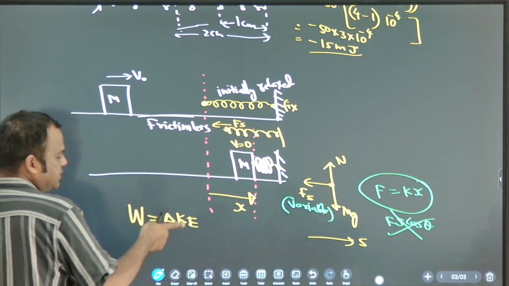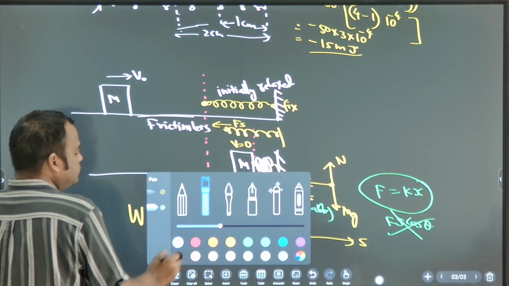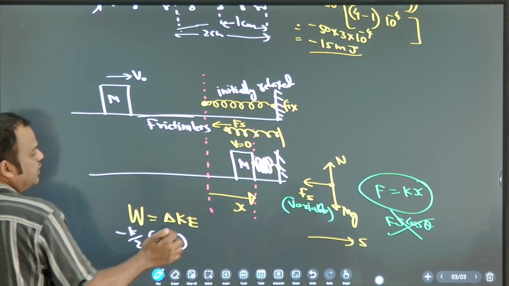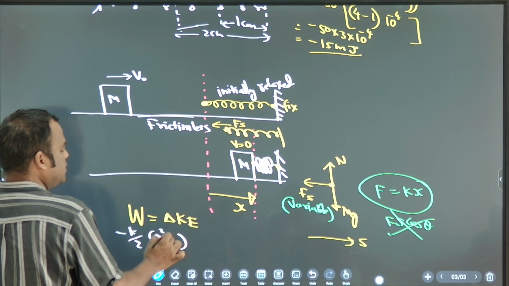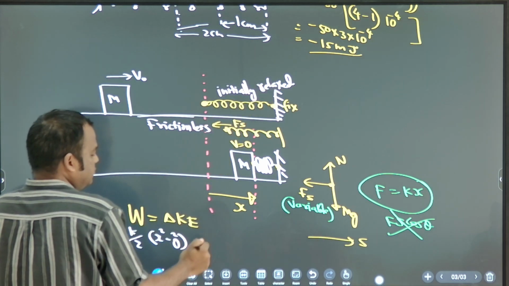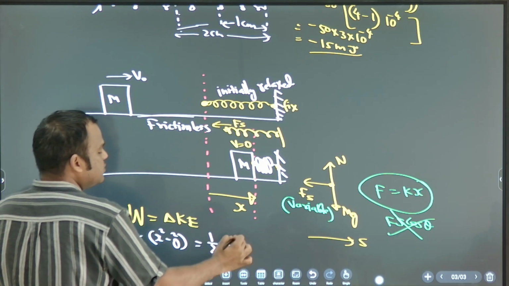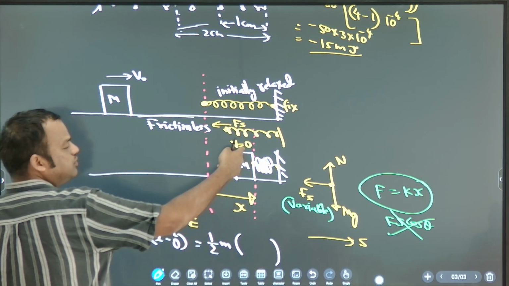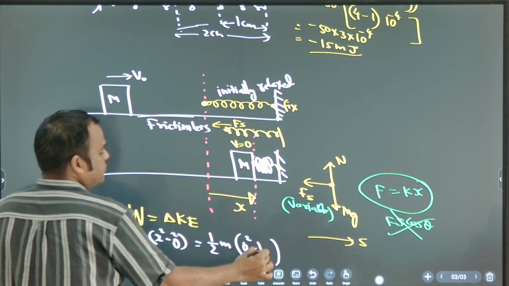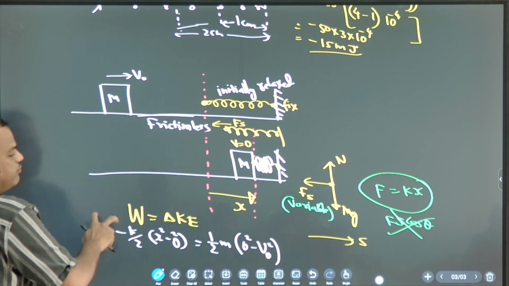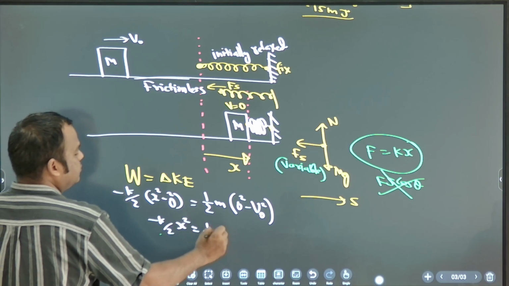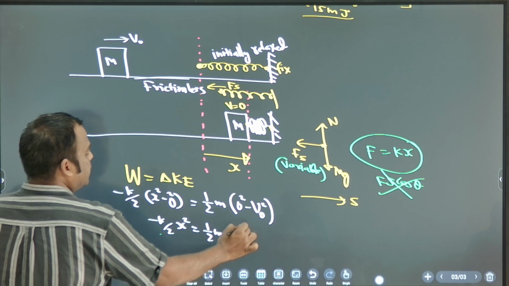So use this: work done is equal to minus K by 2 (final compression square minus initial compression square), initially relaxed, is equal to change in kinetic energy. So half m, what is the final kinetic energy? 0. Final speed 0, initial speed v naught square. Correct? So minus K by 2 x square is equal to half m into minus v naught square.